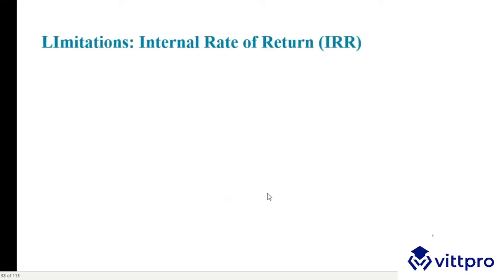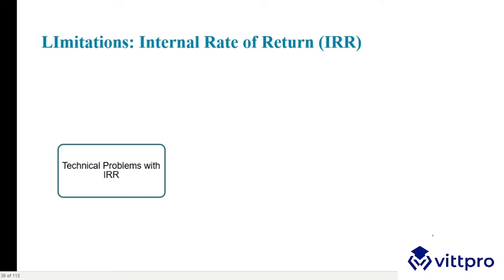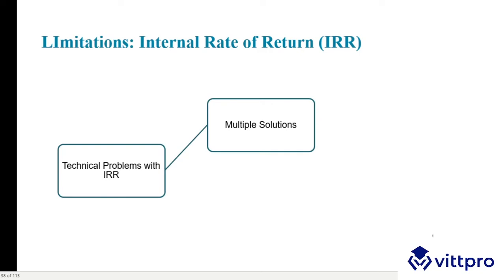So the technical limitations of the IRR are that it sometimes gives multiple solutions, especially when there is more than one cash outflow. Typically, in the examples, you will see only one cash outflow at the beginning, and after that only positive numbers, cash inflows only, right?